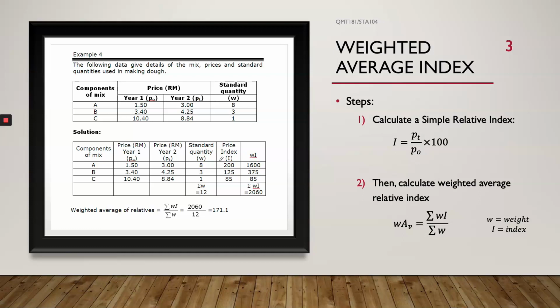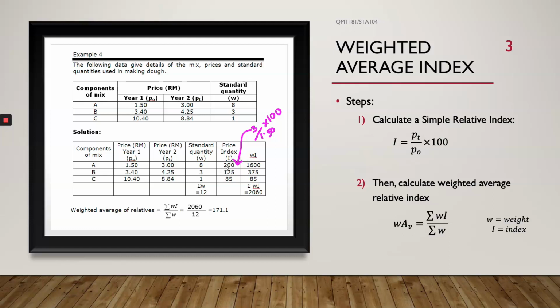Let me show you how you should do it for component A. Find your I here, your simple relative index. For the component of mix A, the price index will be price at the current year divided by price at the base year. So it will be RM3 divided by RM1.5 times 100, and here you will get 200.